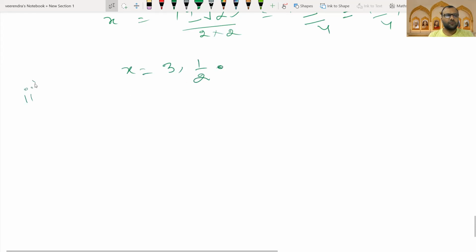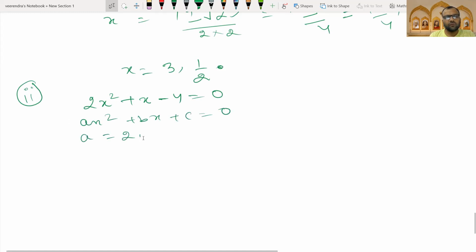Let's do one more problem on the same concept. Suppose we have a quadratic equation 2x² + x − 4 = 0, and we have to find the roots of this quadratic equation using the quadratic formula. So first we will compare this with ax² + bx + c = 0. So from here a = 2, b = 1, and c = −4.